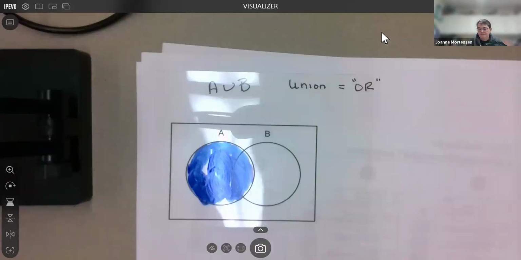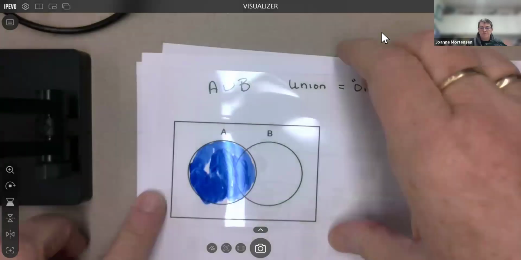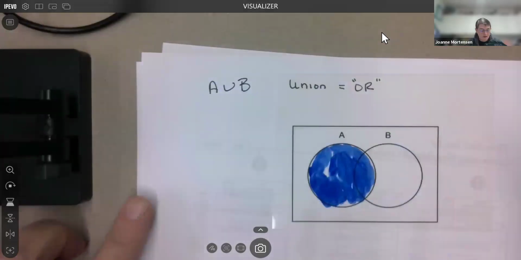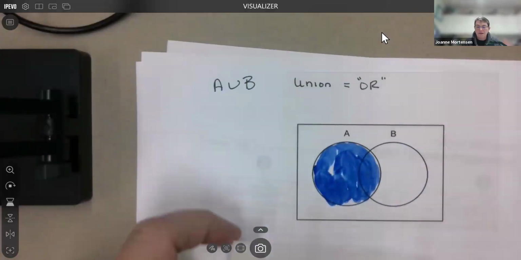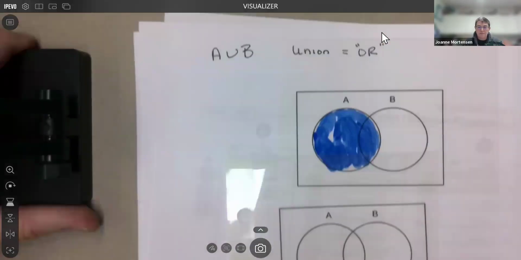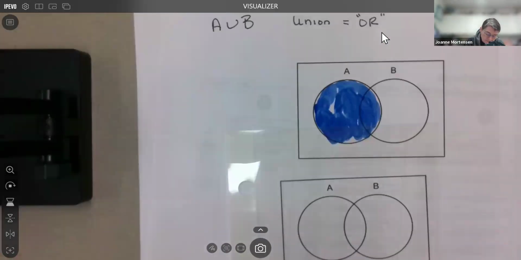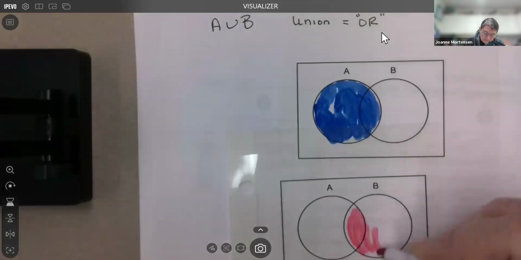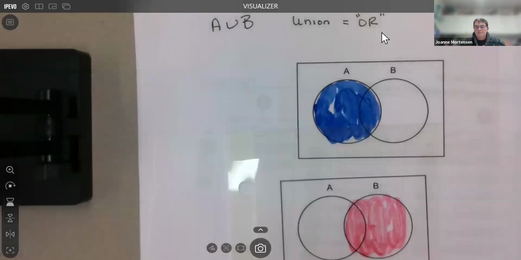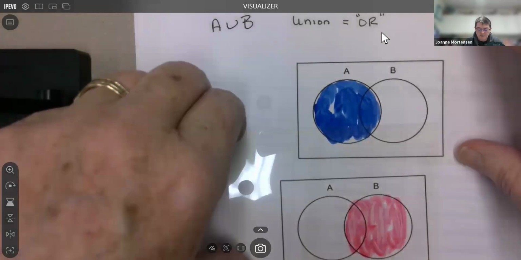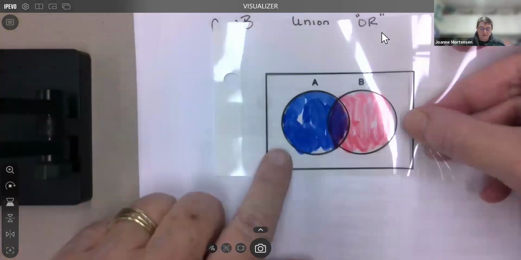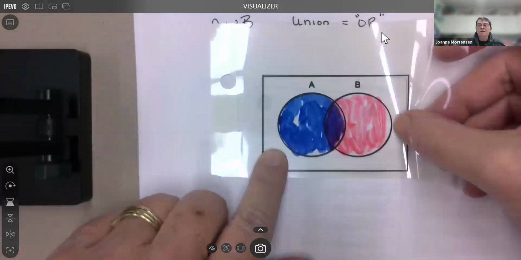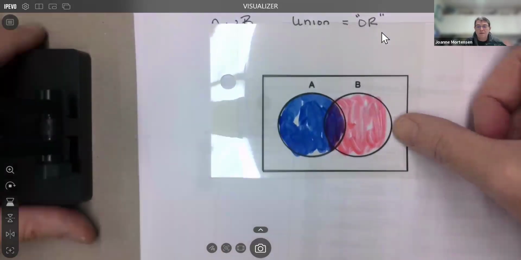I colored A in blue, and I'm going to make B in red. Then I'm going to put them one on top of another. This is the part that I think is going to work. That's not bad. I'll keep changing the colors around until it makes me happy.